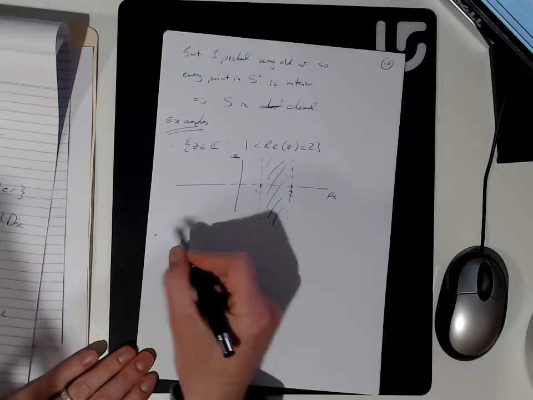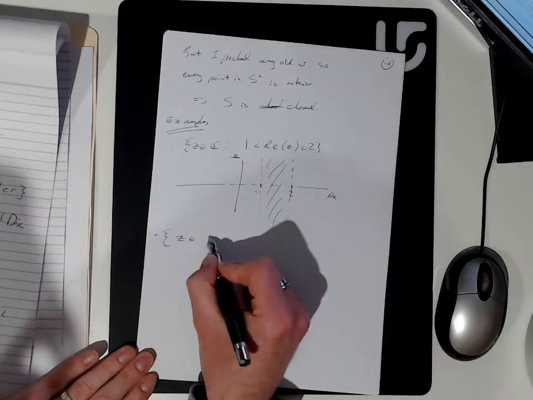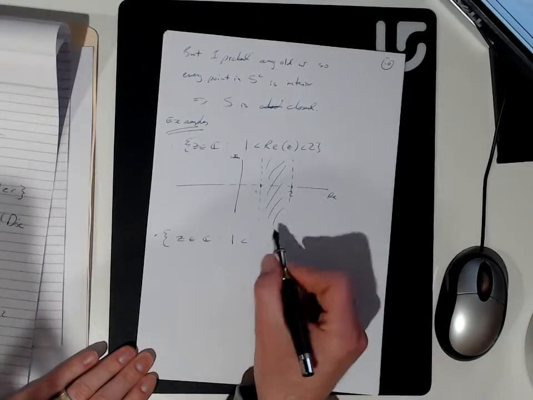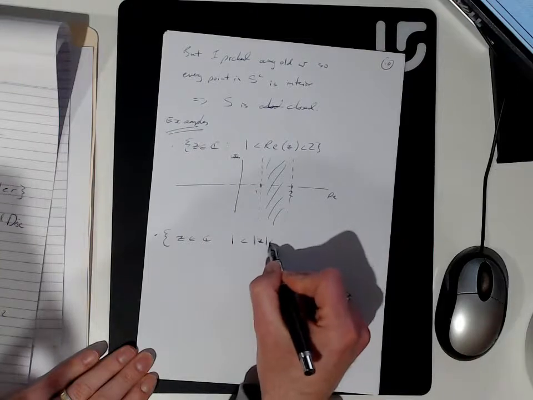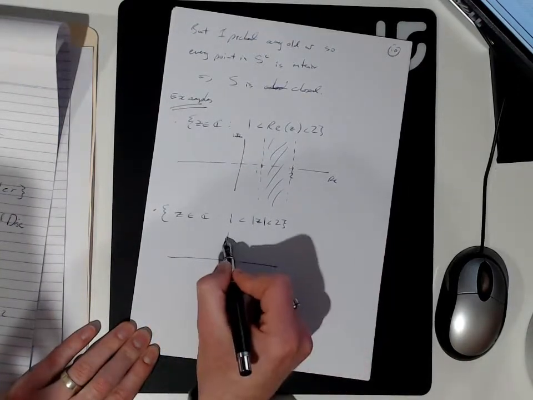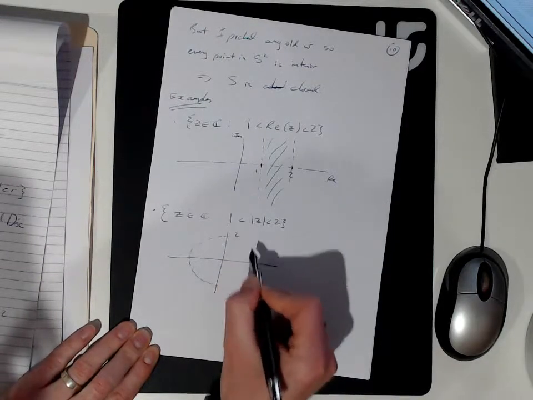Here's another example. This is an important example. z an element of the complex numbers so that the modulus is greater than 1 and less than 2. So 2, minus 2.